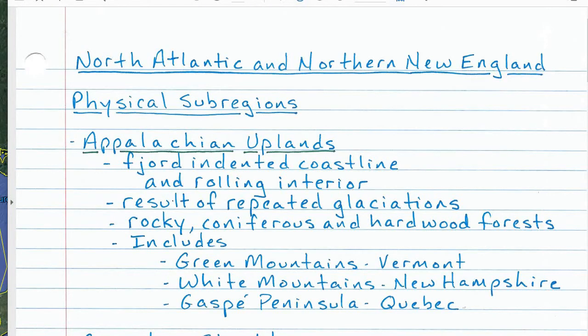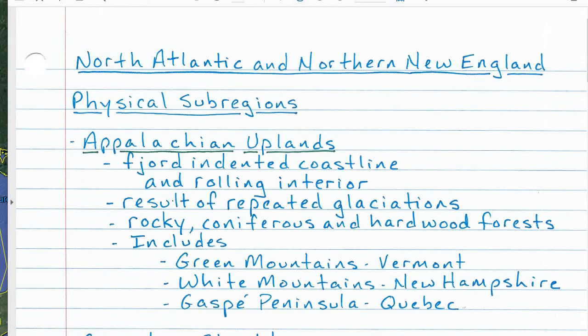So a few things we want to remember about the North Atlantic and northern New England. When we take a look at the physical subregions, the Appalachian uplands, what we have here is a fjord, indented coastline, and a rolling interior. So the fjords are areas where glaciers have receded and left a deep valley between two upland areas, and that area has then flooded.